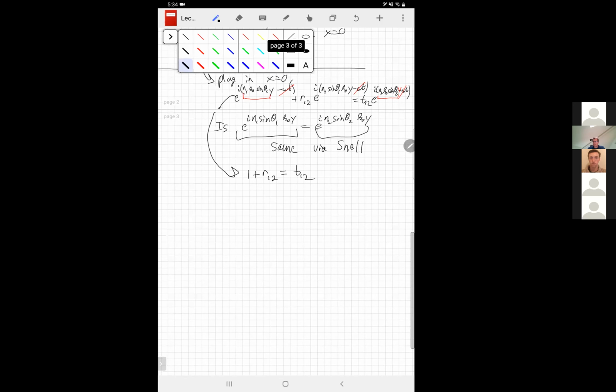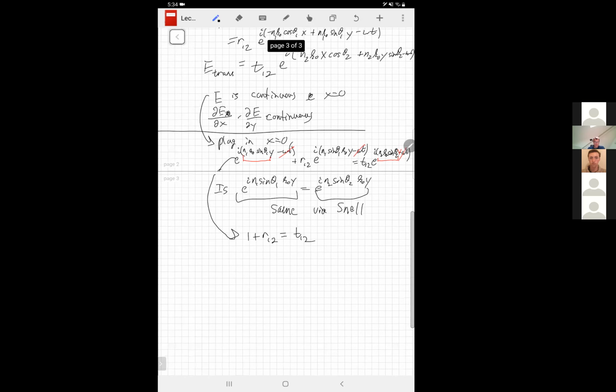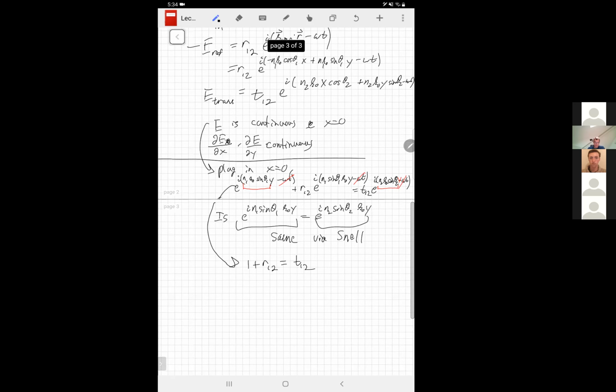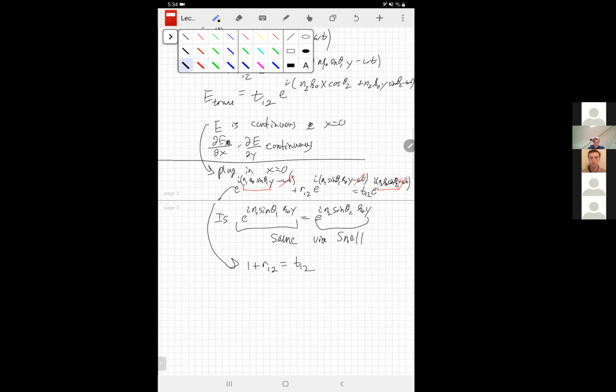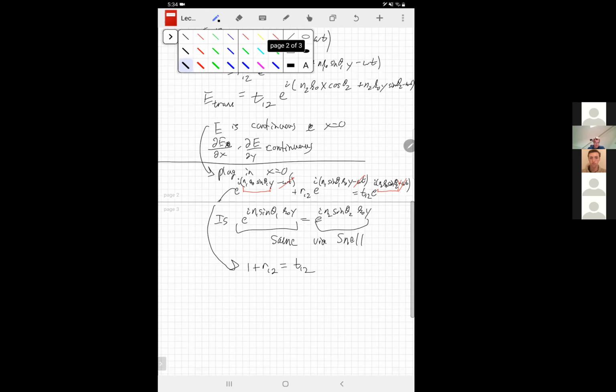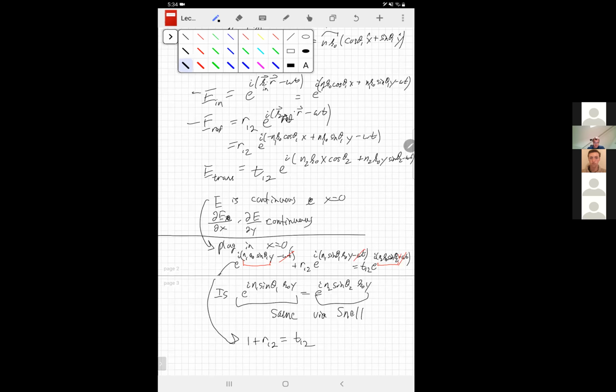So this is exactly the same as one of the equations that we had last time. Now, we could also say, okay, well, we need continuity of the derivative with respect to y. If we take the derivative of one side with respect to y, we're going to get i n1 k naught sine theta 1 in both terms, because n1 k naught sine theta 1 y is in the incoming field and in the reflected field.